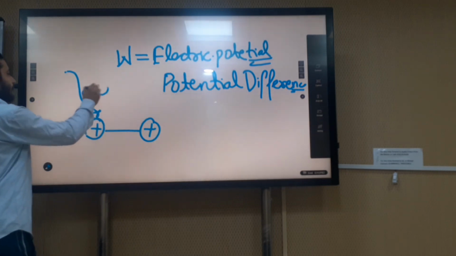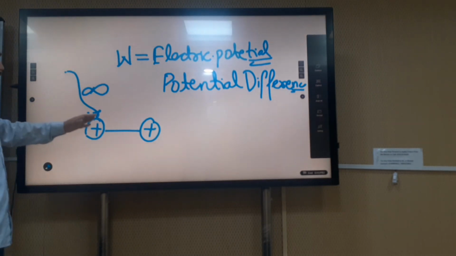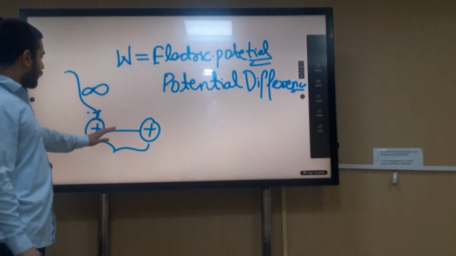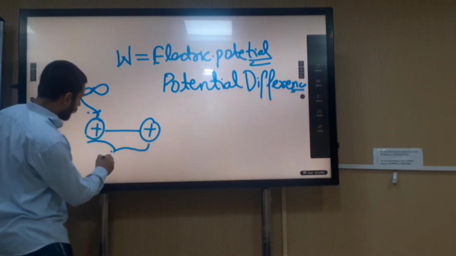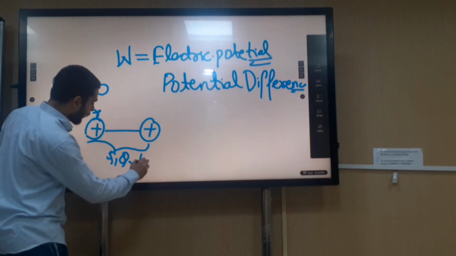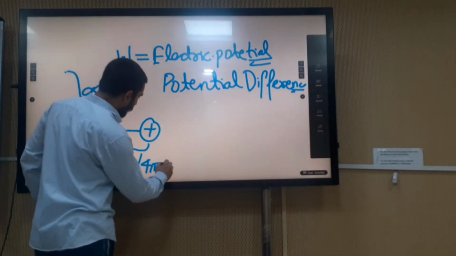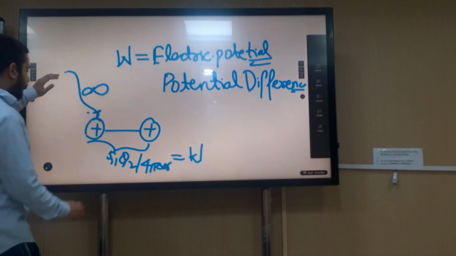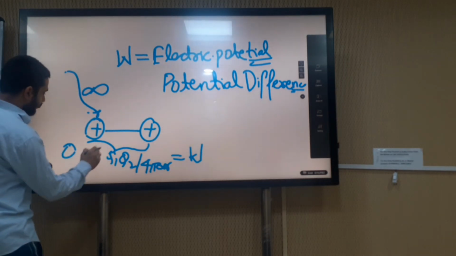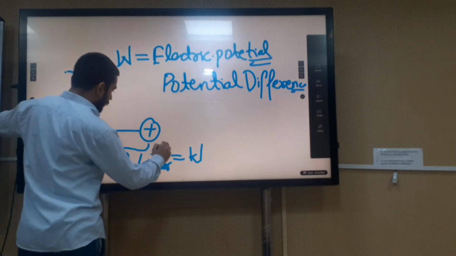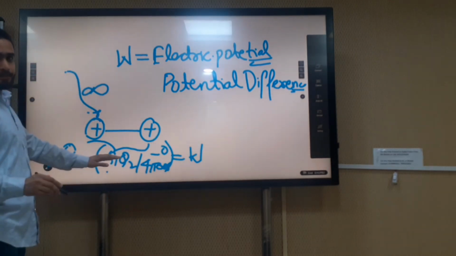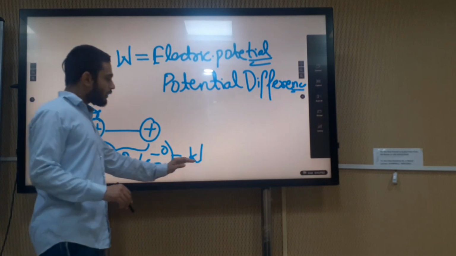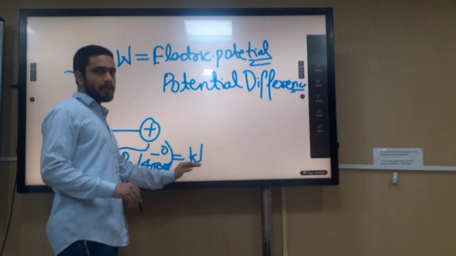So we will bring the charge always from the infinite, and what will be the electric potential here will be Q1 Q2 upon 4 pi epsilon naught R. So work done will be Q1 Q2 upon 4 pi epsilon naught R. So change in potential energy, initially it was 0, finally it was this. Okay, so final minus initial. Okay, so this is the electric potential which is there, and this is equal to the work done which will be there.